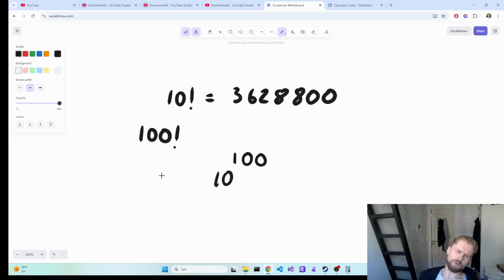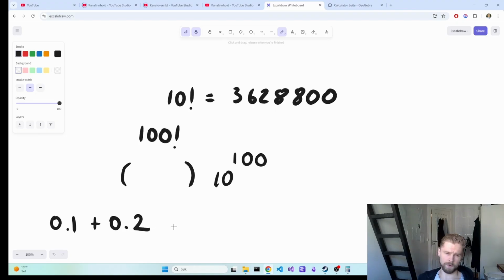But then, what if I multiply all of this with the arithmetic sum of this series or sequence? So the first term would be 0.1, then plus 0.2. See, I'm just drawing a 10 out of all of these, right? Plus 0.3.